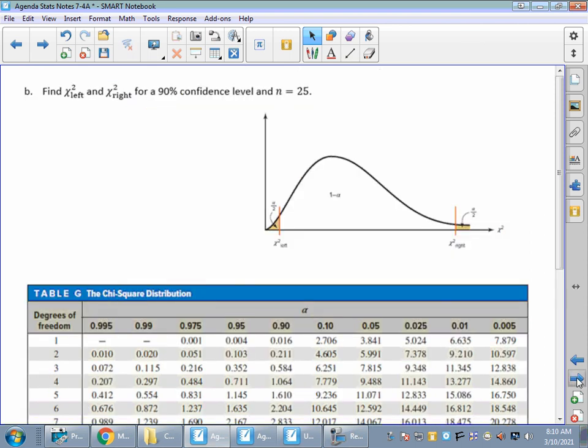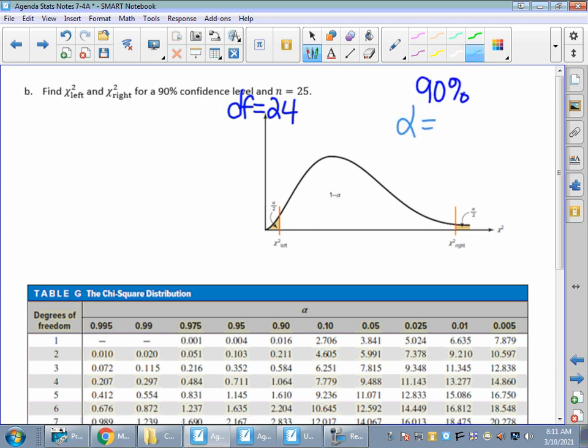So letter B, let's find chi-square left and right for a 90% confidence level, and n equals 25. So we know that our degree of freedom is equal to 24. We know our alpha. So 90% confidence, so that means that alpha is equal to 1 minus 90%, right? Or 100%.